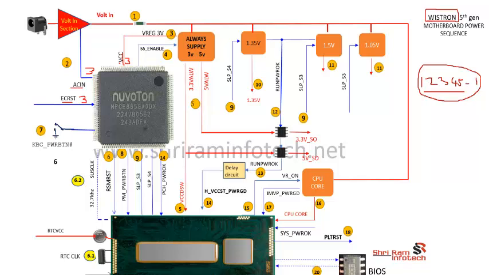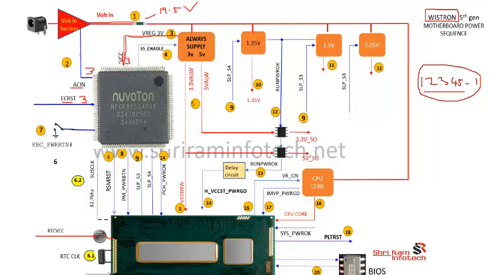Once it receives all these signals, here you will get 19.5 volt. This voltage comes from the battery charging section, and this 3 volt comes from the always voltage section.